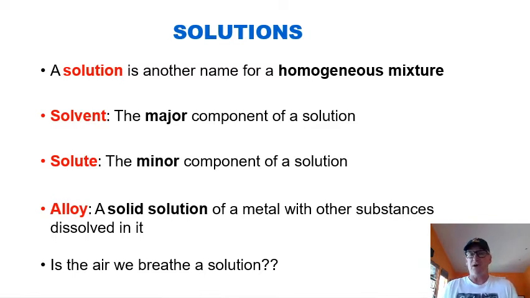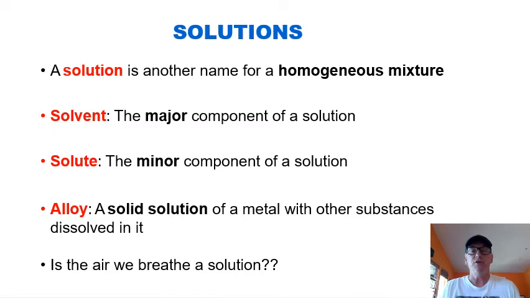Now, there's two parts of a solution. There's the solvent and there's solutes. Now, solvent is just what's the majority of the solution. And generally, that's going to be water for most of the solutions that we're dealing with. But there's also a lot of other types of solutions too that we're going to learn about, such as gas solutions and even solid solutions.